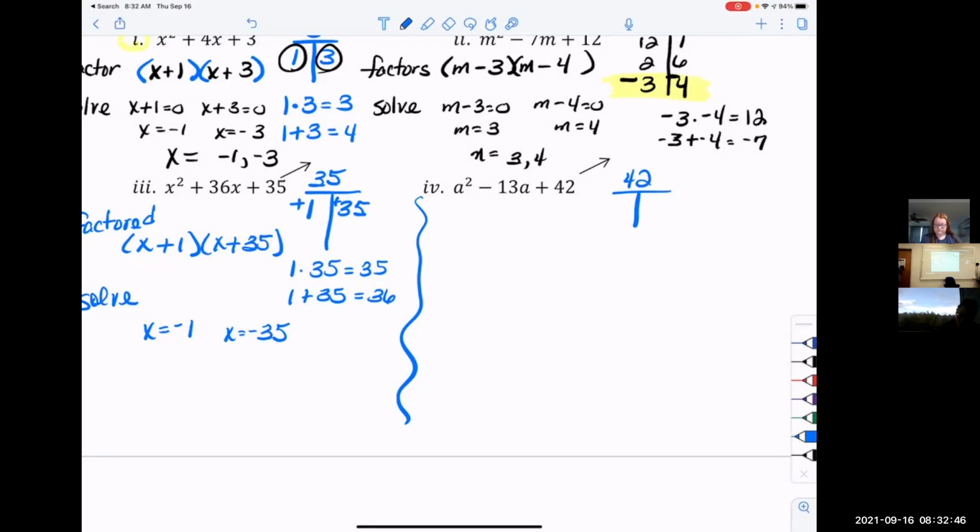That's one of the factors, but that won't give us 13. So keep looking. 6 and 7. Yeah, that won't work.